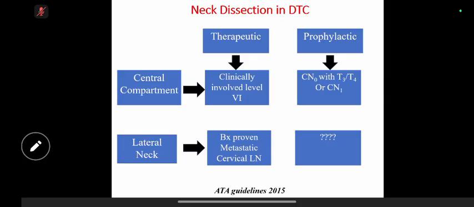For lateral neck, only therapeutic neck dissection is suggested by the ATA guidelines, that is for biopsy proven metastatic cervical lymph nodes. The guidelines clearly mention that no prophylactic lateral neck dissection should be done.